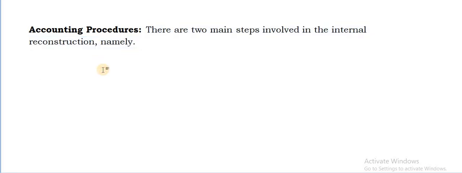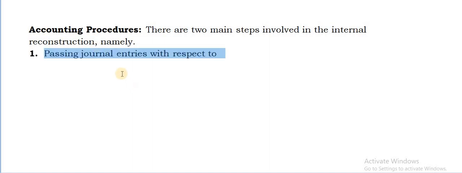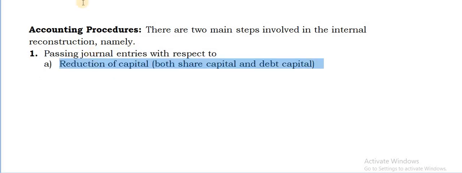Basically, there are two steps involved under the accounting procedure in case of internal reconstruction. The first one is passing the journal entries with respect to reduction in the share capital as well as the debt capital, that is, whatever the amount being foregone by the claimants.